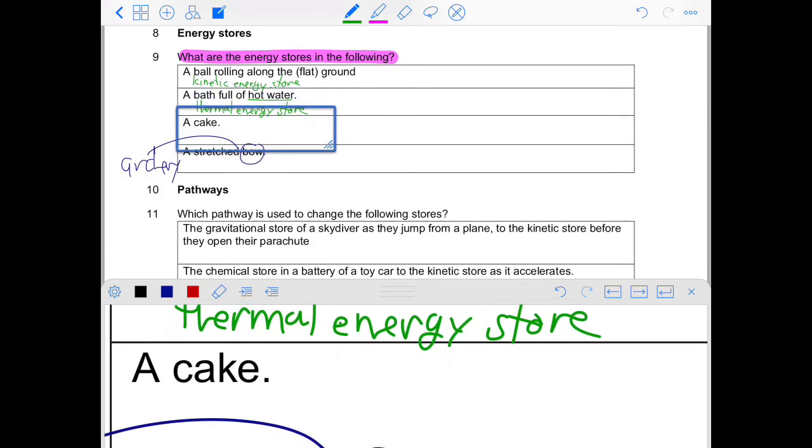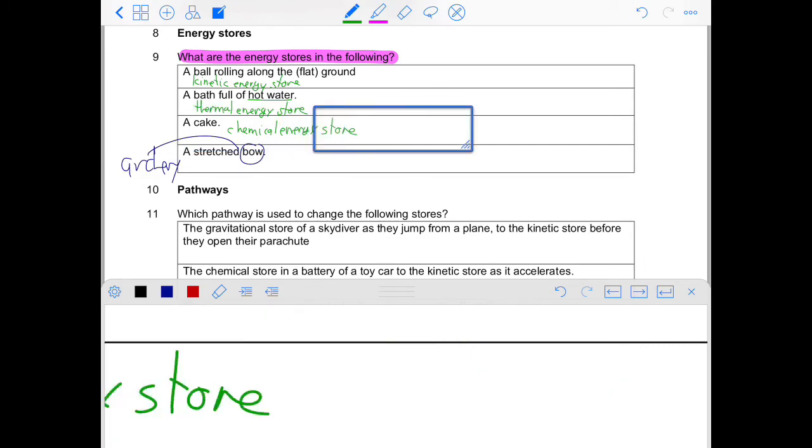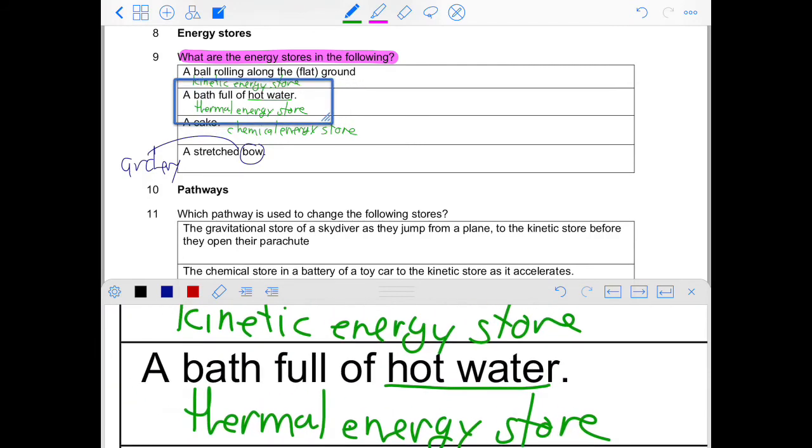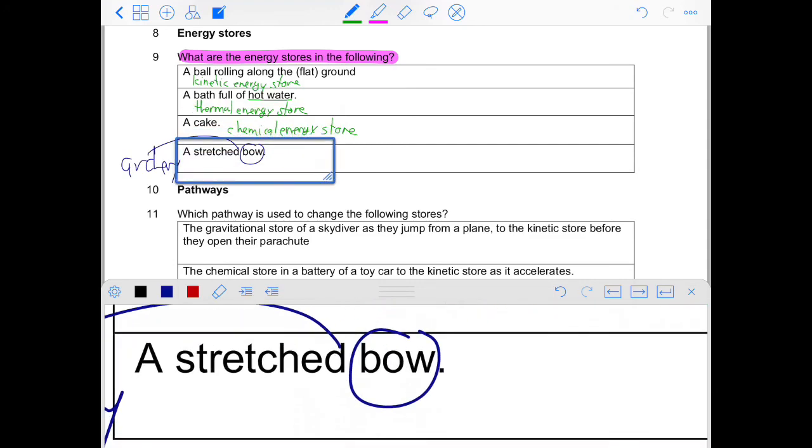A cake is a type of food, so we know that this is the chemical energy store. So again, that bathtub full of hot water, that water isn't moving. It's just sitting in the tub, but it still has that thermal energy. A cake is just sitting on the counter, sitting on the table. It's not moving, it's not doing anything, but yet it still has energy. All right, and a stretched archery bow is the elastic energy store.